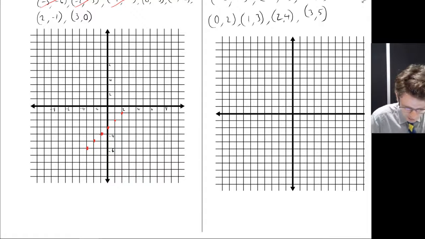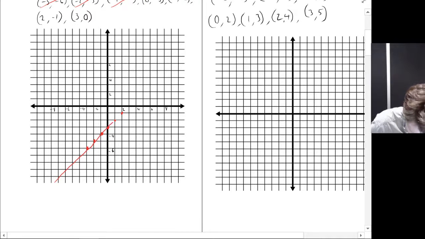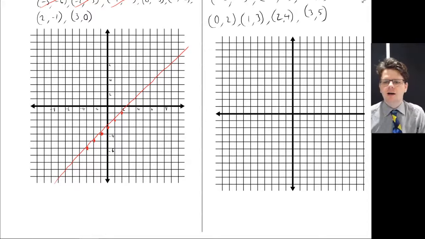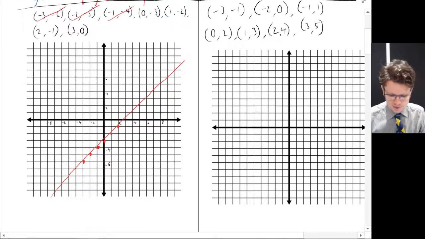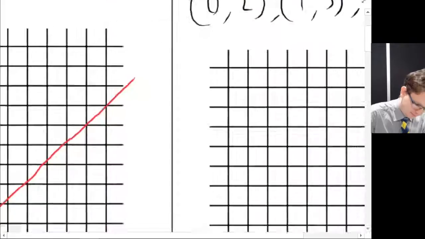Alrighty, so there's my points, and I'm not finished until I draw my straight line through them all. And you notice I draw my line a little bit bigger than what my points actually are. And that's because the line actually continues out forever and ever and ever. We've only just had a look at what a few of the points on that line are. And I'm not finished until I write down my equation, y equals x minus 3.